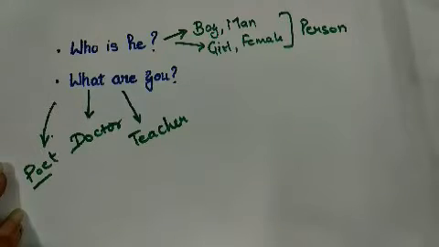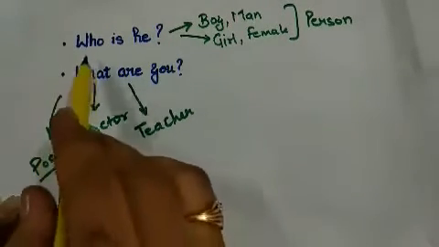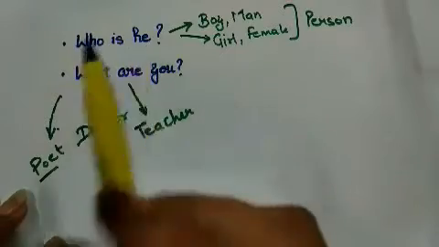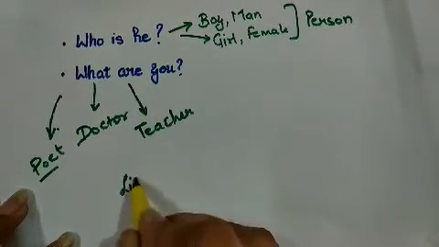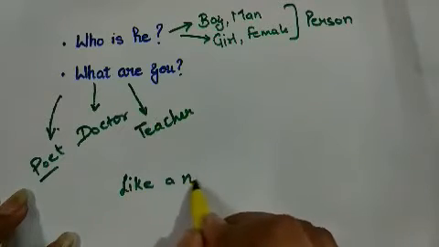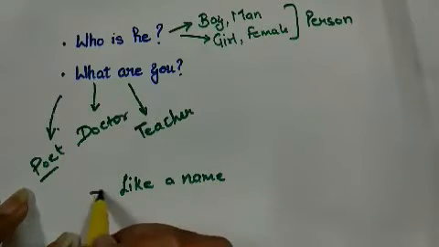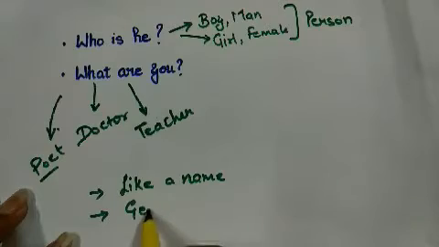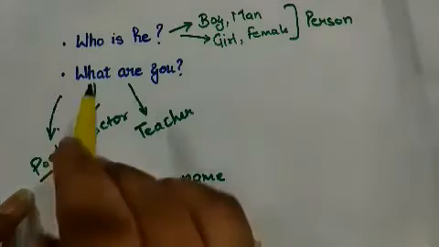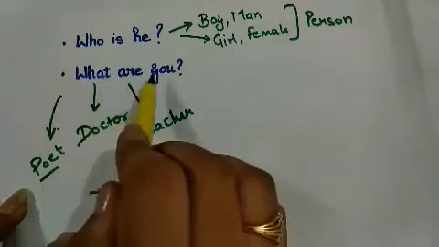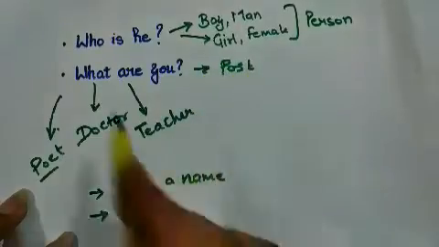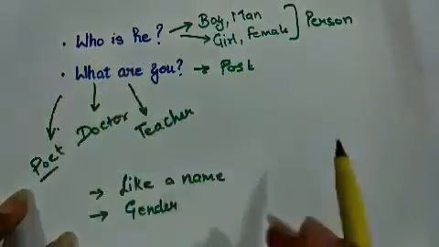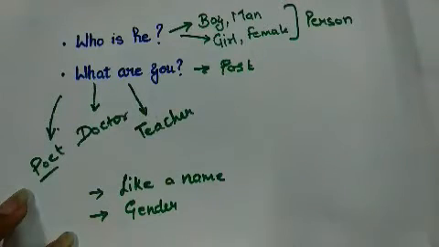When I ask who is he, various answers are possible, like a name or a gender. But when it is asked what are you, there will be some post. Who is he? He is Mr. Ram Gopal.